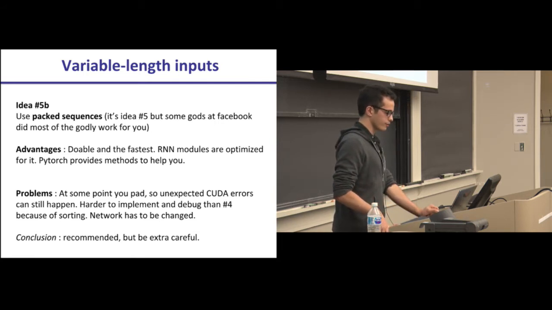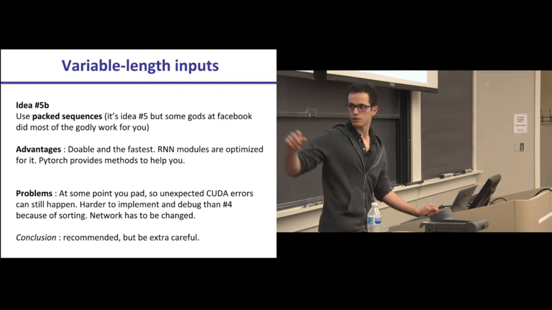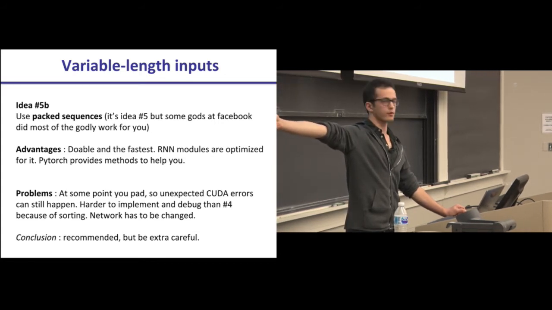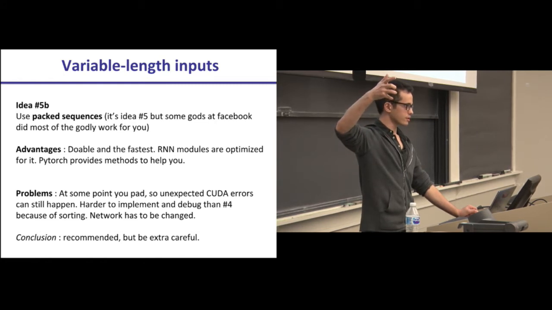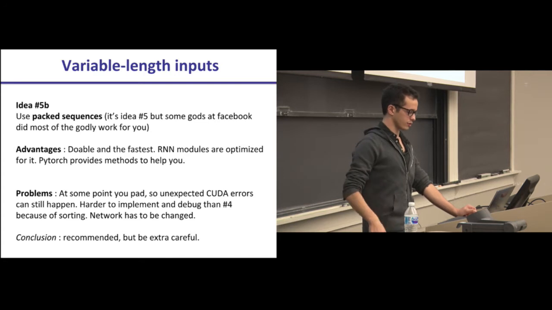And the larger problem is that it's not completely easy to do, because you notice that to have rectangles, which is exactly what PyTorch is doing, you first have to sort your sequences. You have to have the biggest on top and the shortest at the bottom.